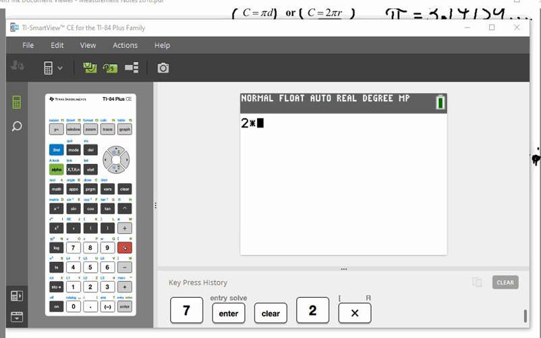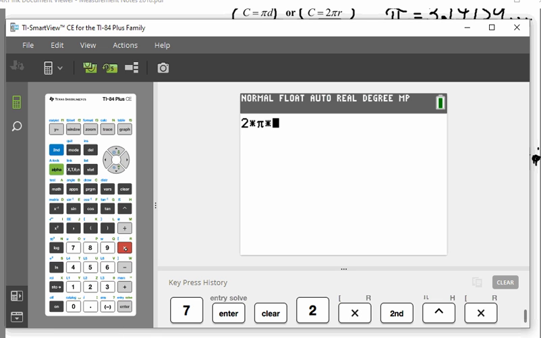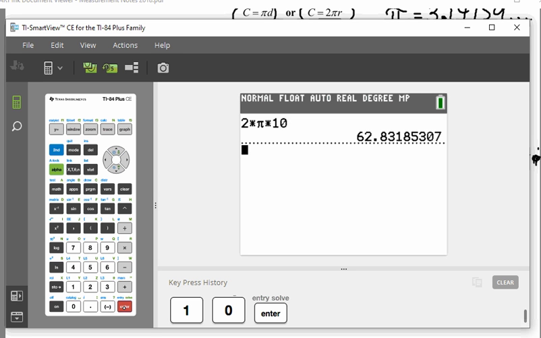I can go 2 times, if I go second function in that, it puts the pi symbol, so instead of using 3.14, we're going to use the actual all of pi value. And then times the radius, which we said was 10. Our circumference around that circle is 62.83185, blah, blah, blah. Rounding to 1 decimal place, 62.8.